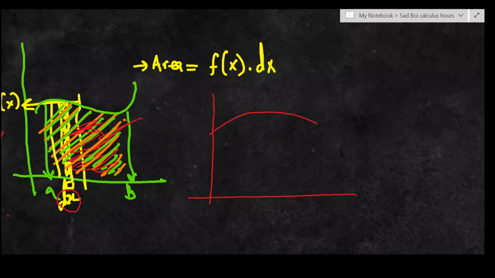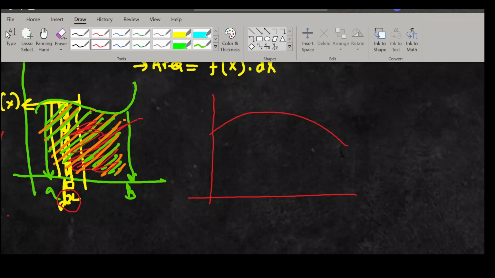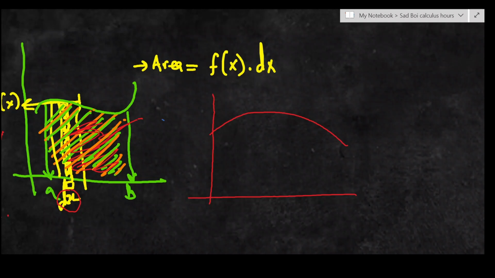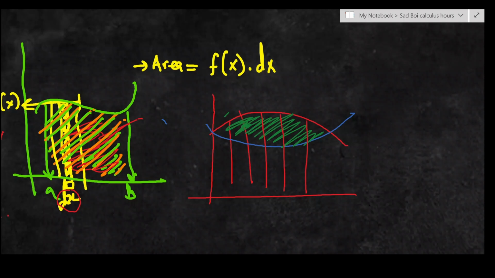Now let's see an example of a curve that is somewhat like this. What we need to do is calculate this area. We'll first calculate this area between these 2 points, and then we are going to subtract from it this area to get the green area.